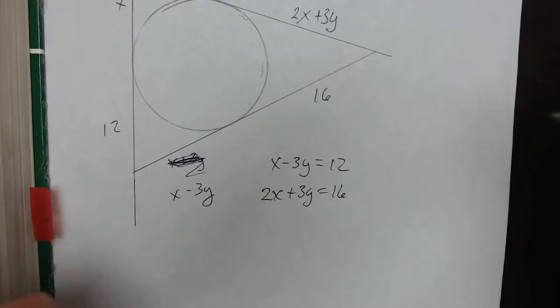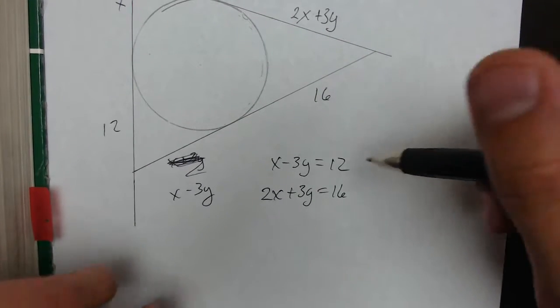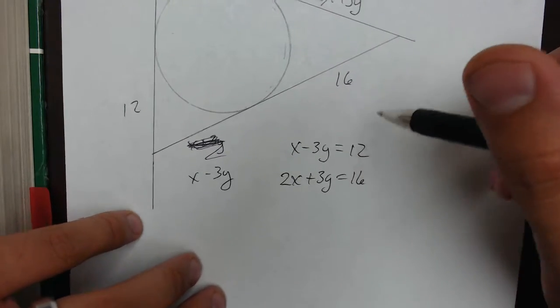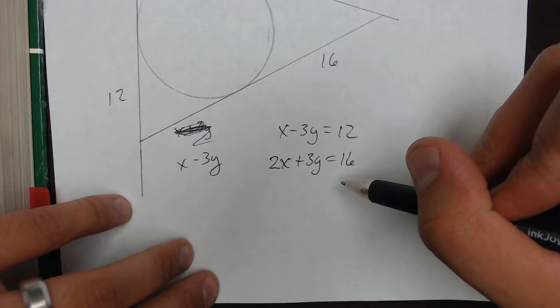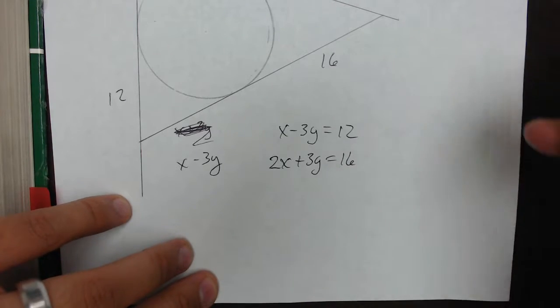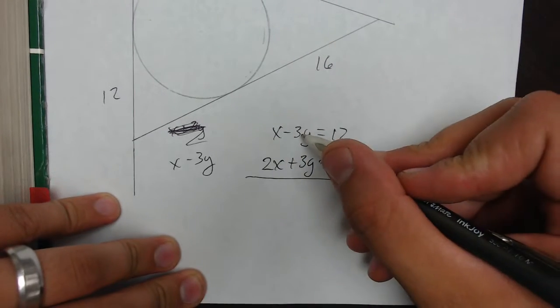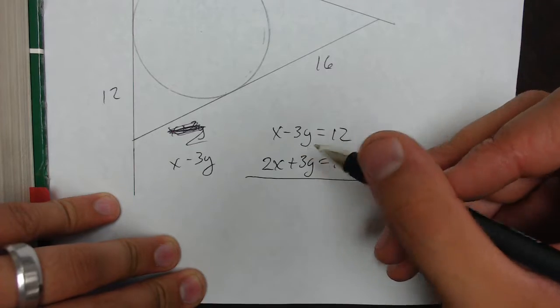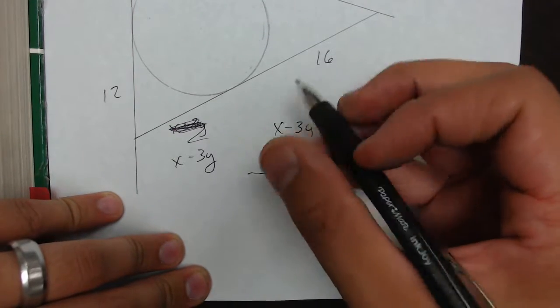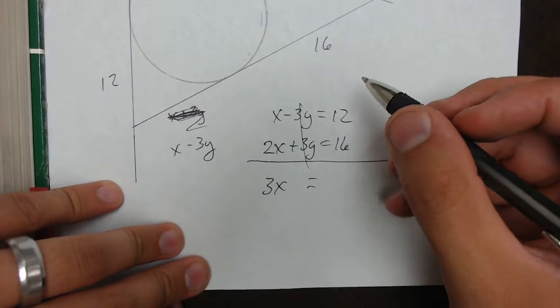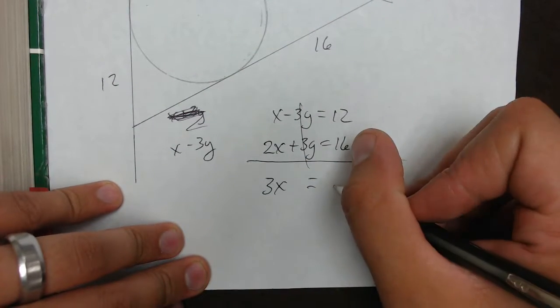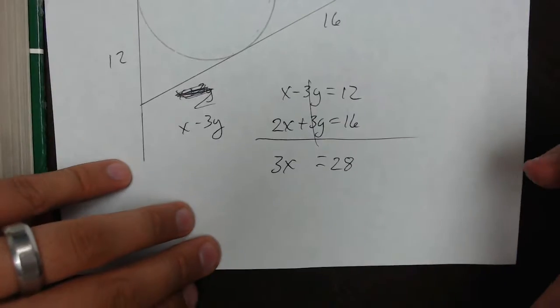Okay, now all we have to do once we've written these 2 equations is use elimination or substitution to solve for the missing pieces. I'm going to go ahead and use elimination because I've got these 3 y's that are already opposite signs. So if I add x and 2x, I get 3x. The 3 y's cancel. I get 3x is going to equal 28.